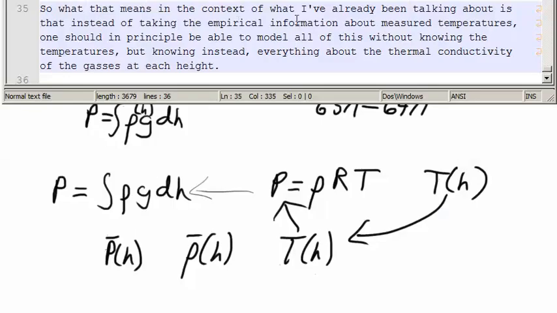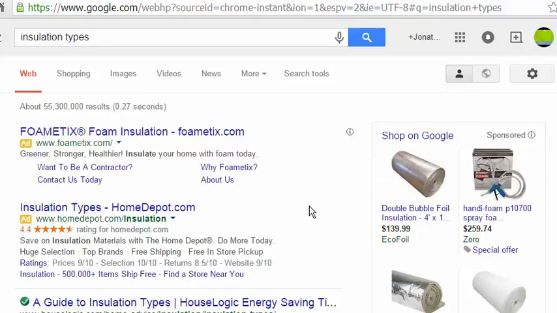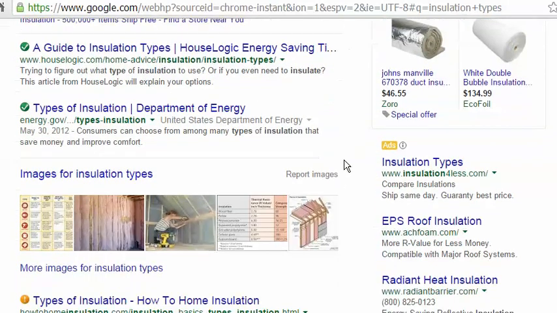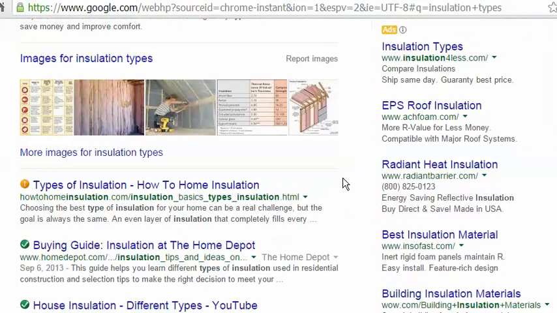So what this means in the context of what I've already been talking about is that instead of taking the empirical information about measured temperatures, one should, in principle, be able to model all of this without knowing the temperatures, but knowing instead everything about the thermal conductivity of the gases at each height. Well, we talk about insulation in terms of just one number, I think.